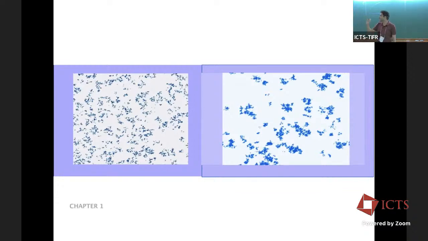So this paper argued that if I look at the patch sizes, these cluster sizes, it actually shows a power law when you are far from the bifurcation point. However, as you get closer, they argued that it becomes more of an exponential distribution.